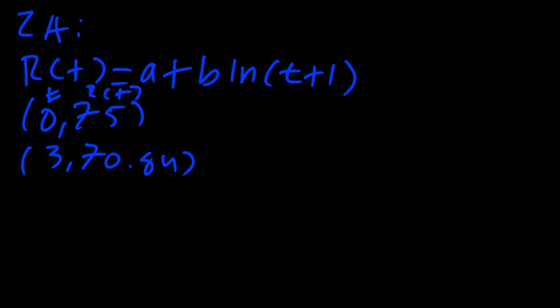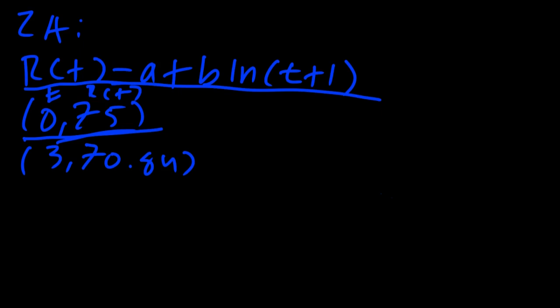So what we can do is just plug in the coordinate points that we got into the equation of r of t. So what value can we replace in? First of all, we're going to use this first set of coordinate points to construct our first equation. So what can we plug in for r of t in this equation with these coordinate points?